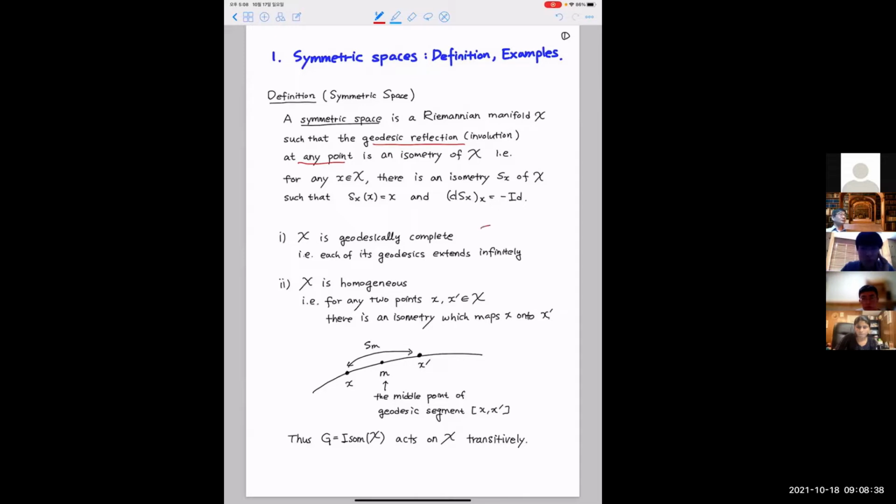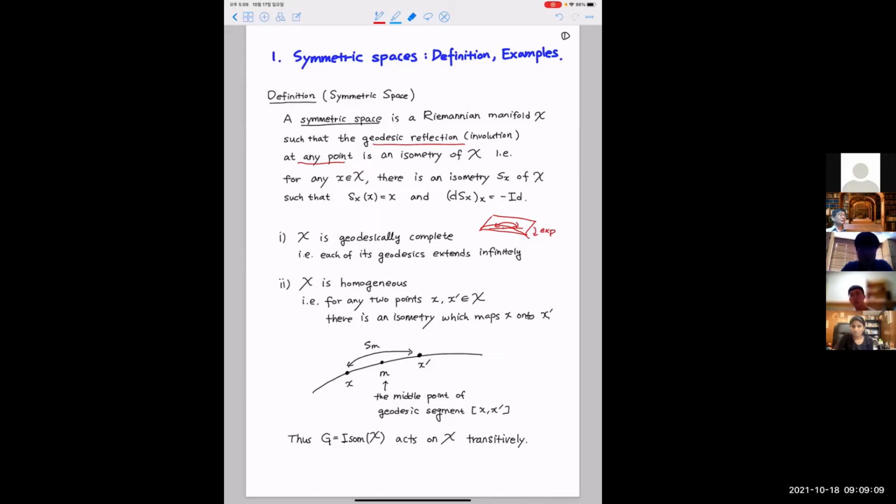You can think of the exponential map for a given Riemannian manifold. Then you can define a reflection, right? In general, the geodesic reflection is not an isometry, but the symmetric space requires that the geodesic reflection is actually an isometry of the manifold.